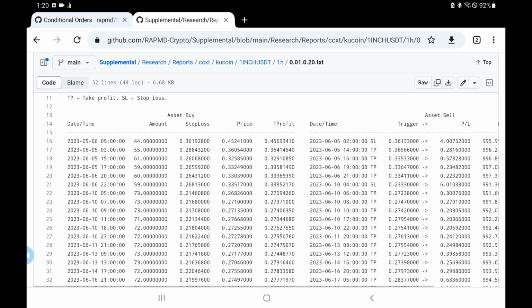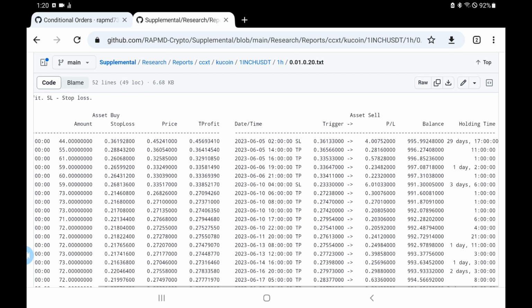So now let's move to the right hand side, the sell side: the date and time that the asset sold, the trigger price of that sell. An SL is a stop loss was triggered, a TP is a take profit was triggered.